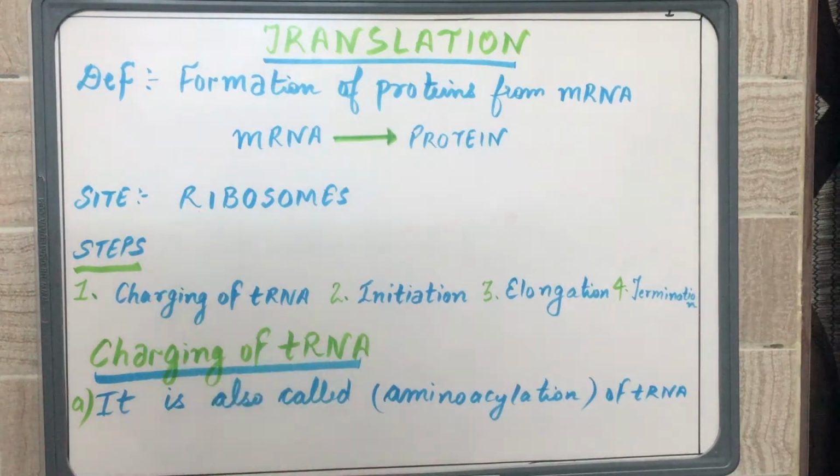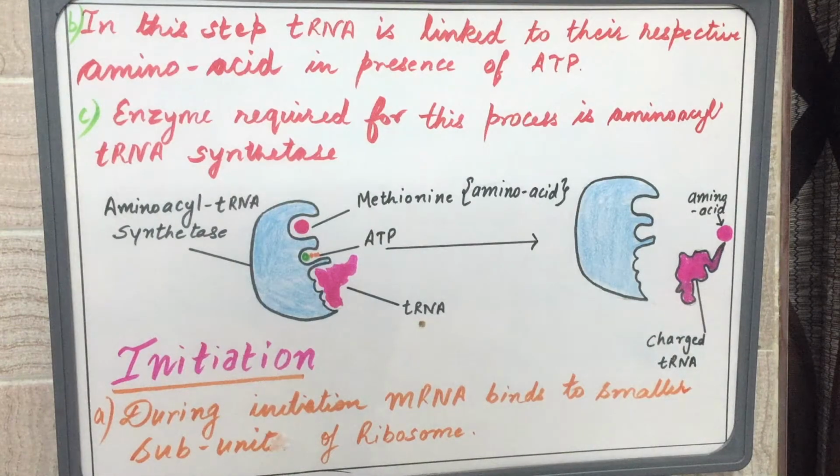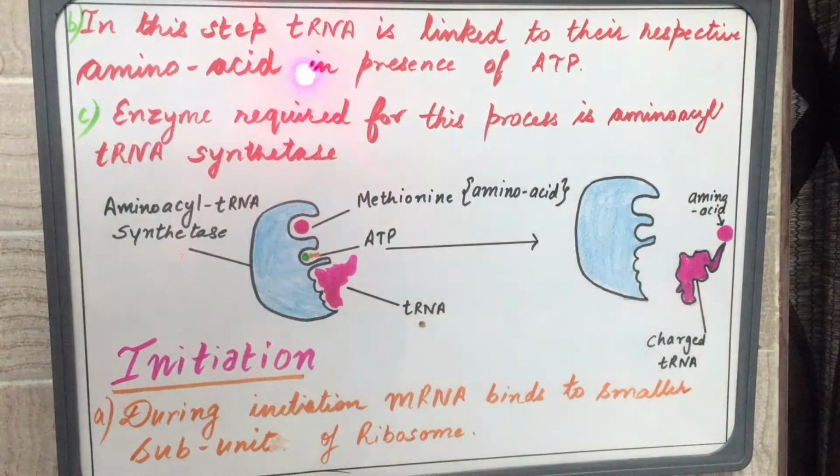Charging of tRNA is also called amino acylation of tRNA. In the charging of tRNA, the tRNA, that is transfer RNA, is linked to its respective amino acid in the presence of ATP.